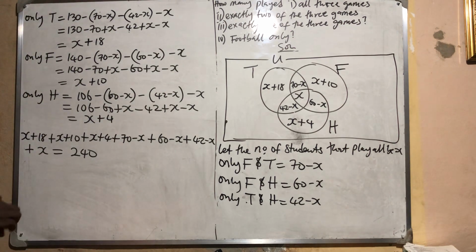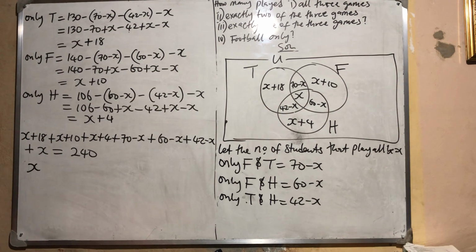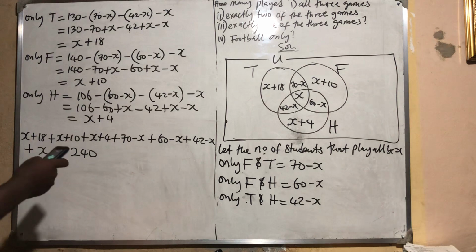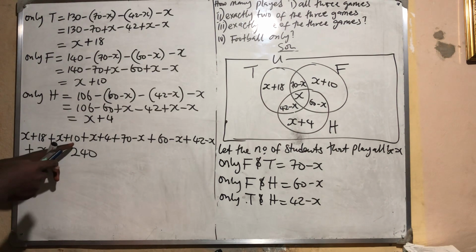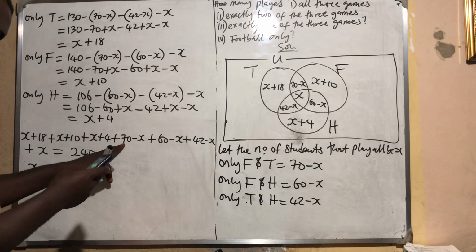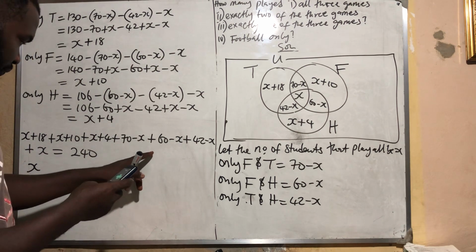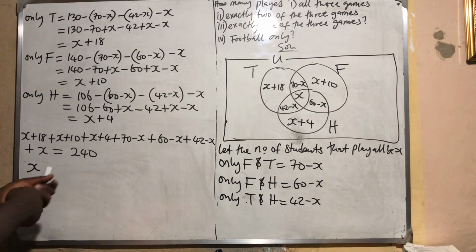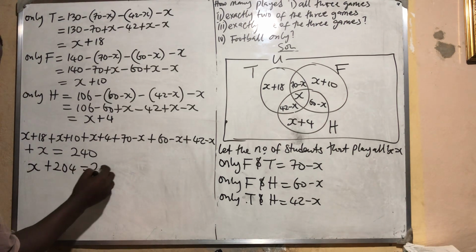So I'm having just plus 1, which means nothing like 1x, but just x left. Now let's move to all the numbers: 18 plus 10 plus 4 plus 70 plus 60 plus 42. So I have 204. So this is plus 204 is equal to 240.